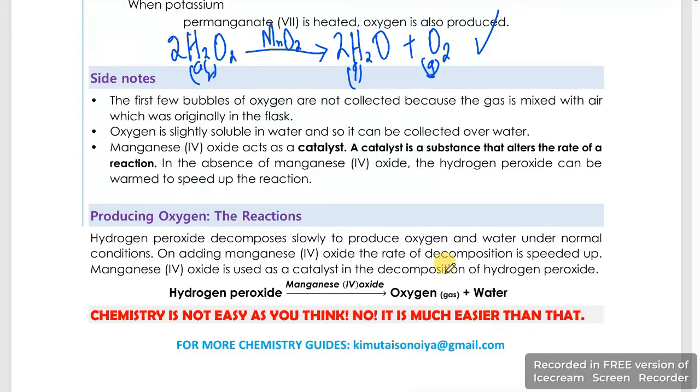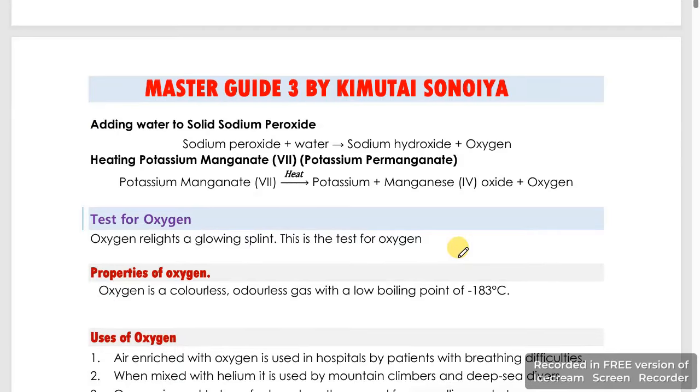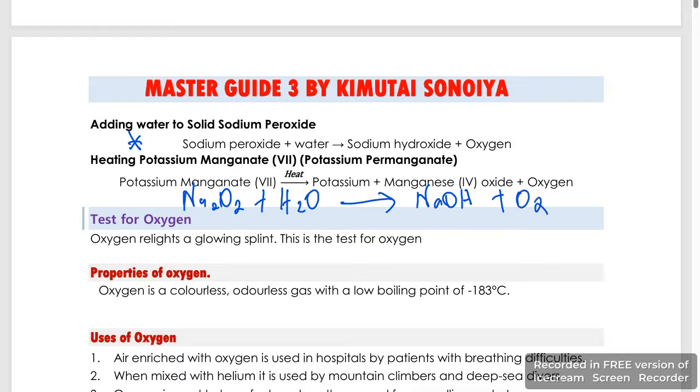Let me write the equation for you. The equation should be sodium peroxide reacting with water to form sodium hydroxide plus oxygen. Very important for you to note. Then you need to balance the equation. You can put 2 here and put 4 there. So this is 2, 4, this is 8.